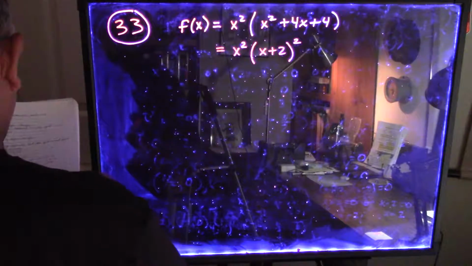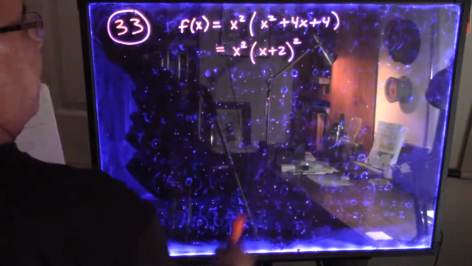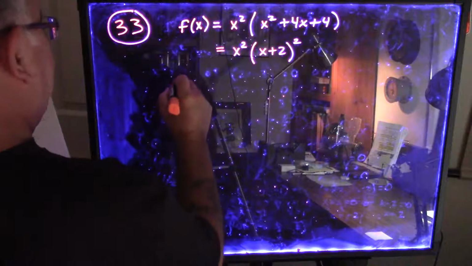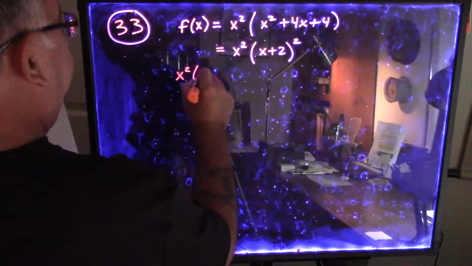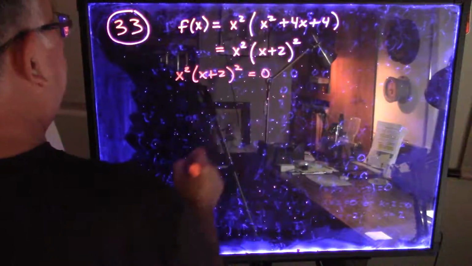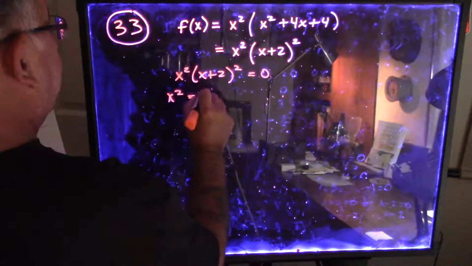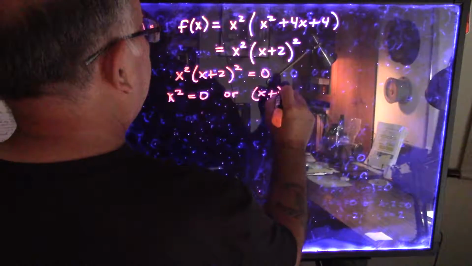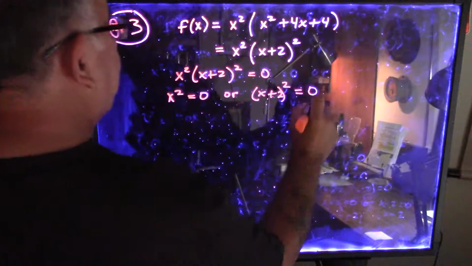Alright, that's a perfect square trinomial. So set this function equal to 0. So x squared equals 0, or the quantity x plus 2 squared equals 0.